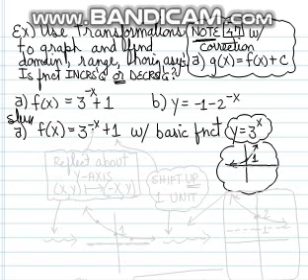Now let's look at the variations. First variation we see here is the reflection about the y-axis. Now when we do that, what happens is that the ordered pairs x, y in the original function now change by a factor of negative on the x coordinate.